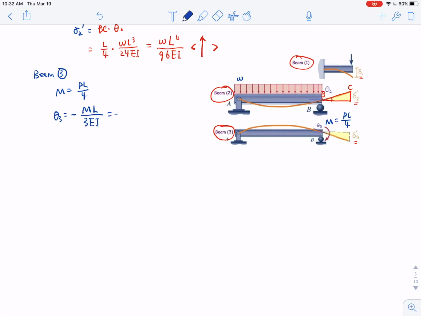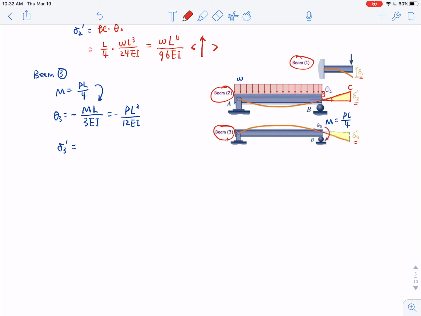This is negative, so just use this number here. It's negative PL square over 12 EI. Based on this, delta 3 prime can be calculated.